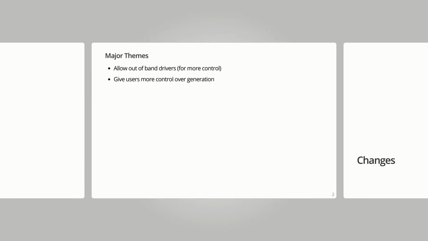So the major themes that we've got going on here in V3 for SQLBoiler is the out-of-band drivers, and to basically just give users more control over generation. A lot of the bugs that we've found that people are filing are because of name collisions or something not generating exactly like they'd like. So there's a lot more control in SQLBoiler V3.